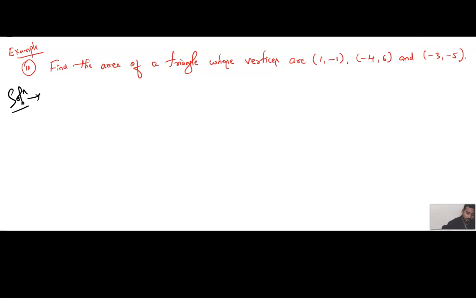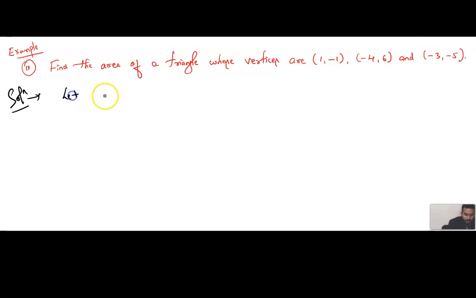Good. Now let me start solving the problem, because we are speaking a maths lecture, so we don't want to speak about history. Children, find the area of a triangle whose vertices are (1, -1), (-4, 6) and (-3, -5).